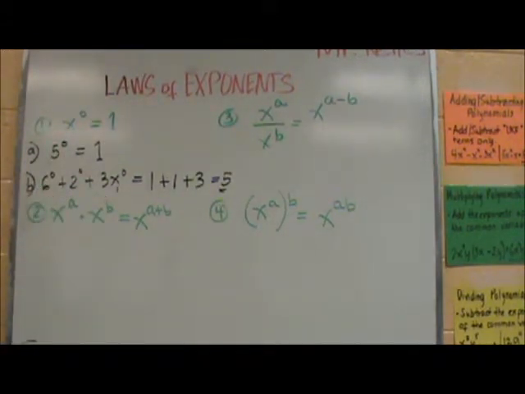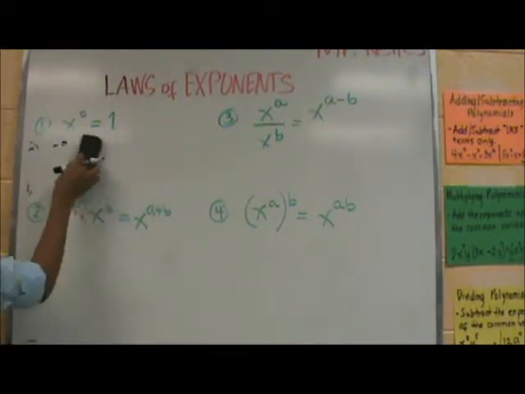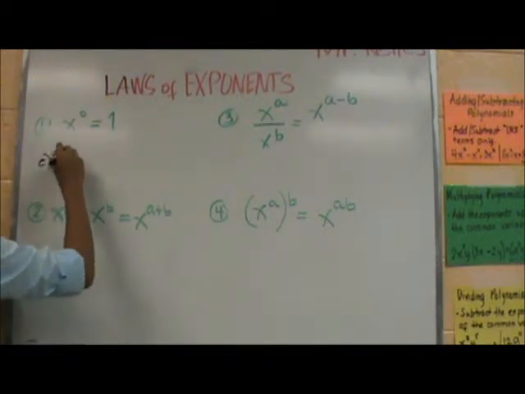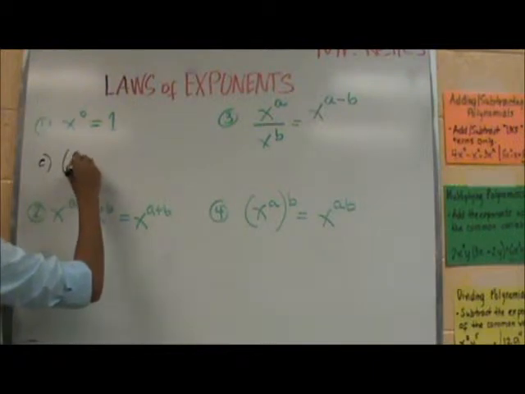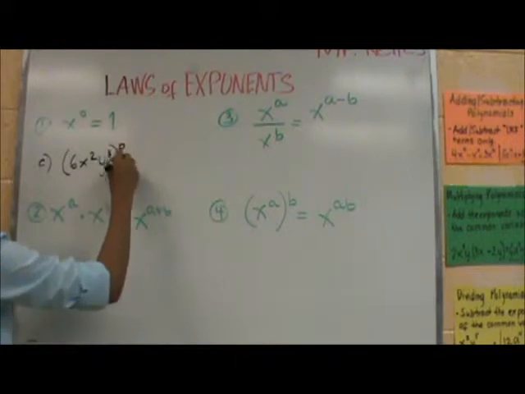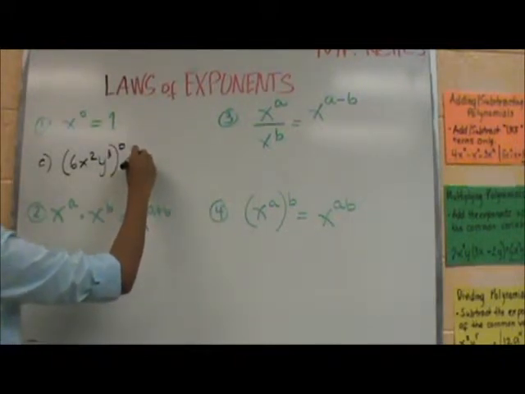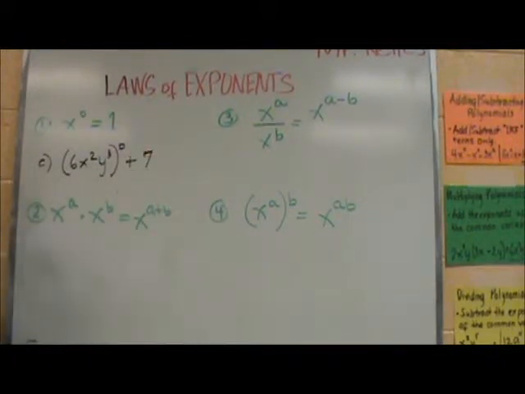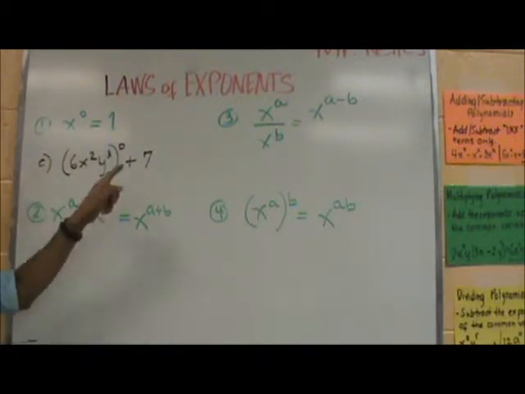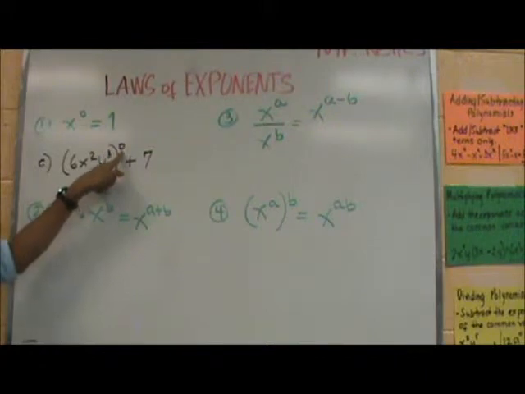So 5 is the final answer for this one. Okay? Now, let me erase this part. How about if you have letter C? How about if you have parentheses, 6x squared y to the third power, raised to 0, plus 7. Here you go. Now, if you take a look at it, you have a monomial here, and everything is in parentheses, and the exponent 0 is outside.